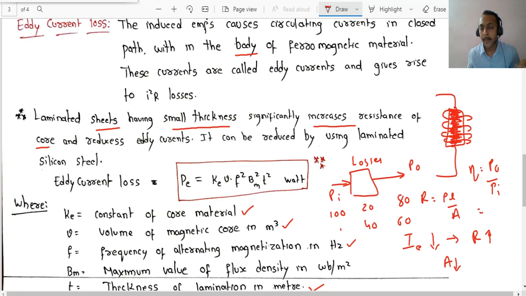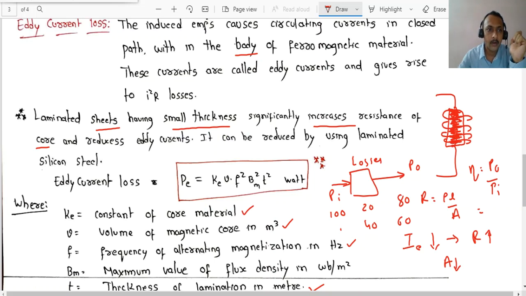So by minimizing the losses, the efficiency of the transformer can be improved. Very, very low the losses, very, very high the efficiency. Like this, there is a need to minimize the losses. And as it is a static device, I repeat again, there won't be any friction or windage losses.